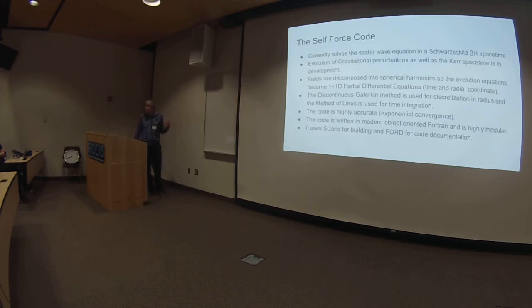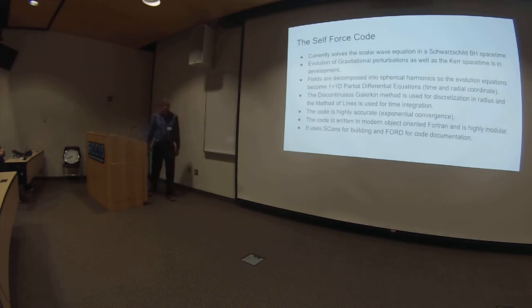Most importantly, if you tried to set up such a problem with the current Cactus Einstein Toolkit, you would need huge grids. It would run forever. We would all die of old age before it finished, right? If it even could, because you'd have to constantly be checkpointing and restarting and whatever.